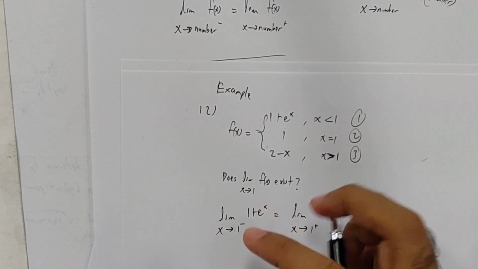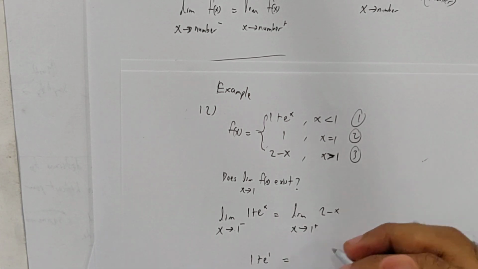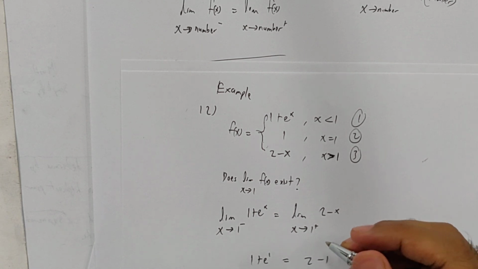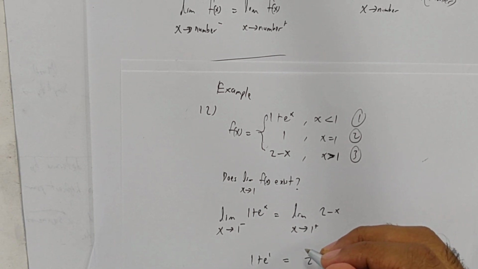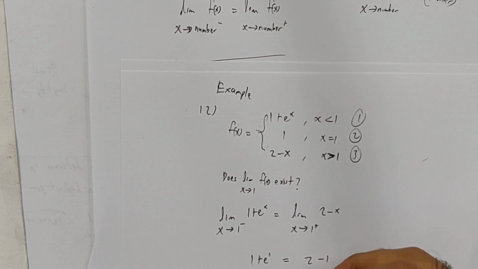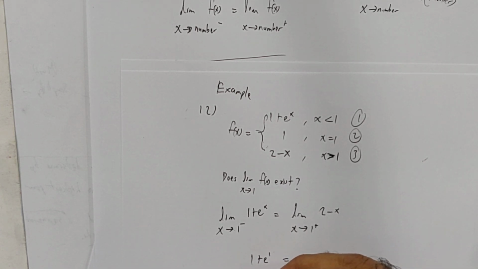And you can calculate them. So you got 1 plus e^1 equals 2 minus 1. 1 plus e, you can press your calculator, 3 point something? 3.718? 2 minus 1, how much? Press your calculator. Okay, 1. 3 point something, right?